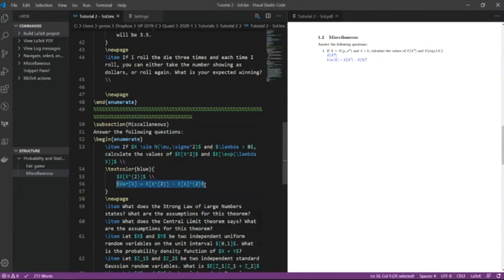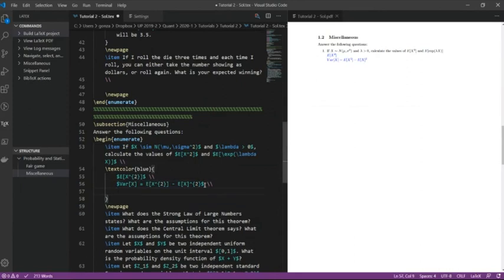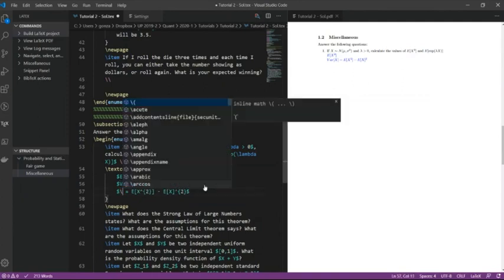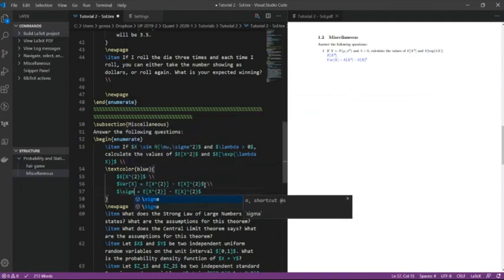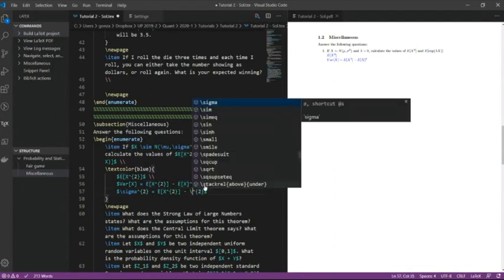So they told us that we know the values from the distribution, that the mean is mu and the variance is sigma squared. So instead of variance, I will write out sigma squared, and instead of the mean, I will just write out mu.